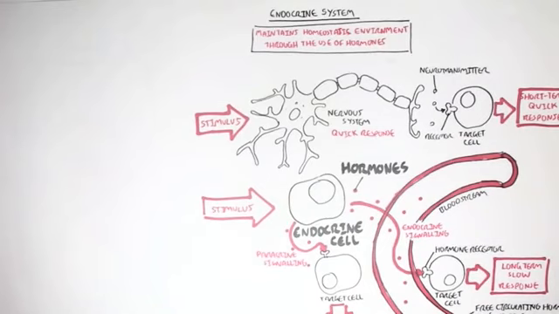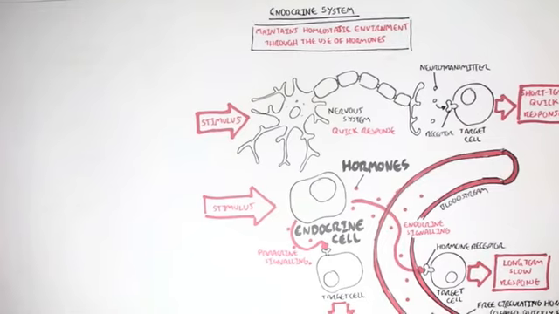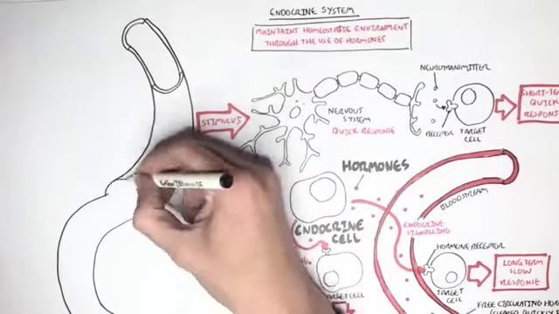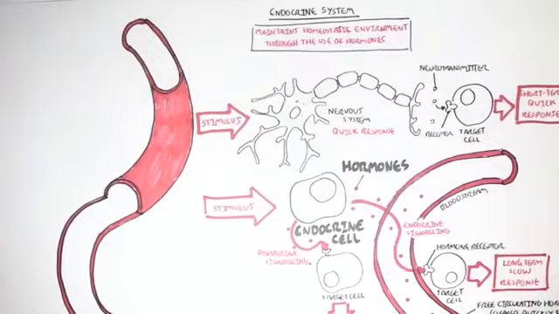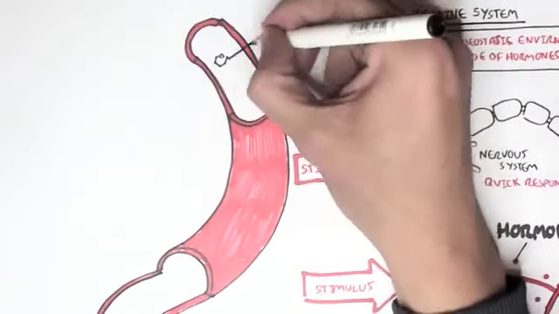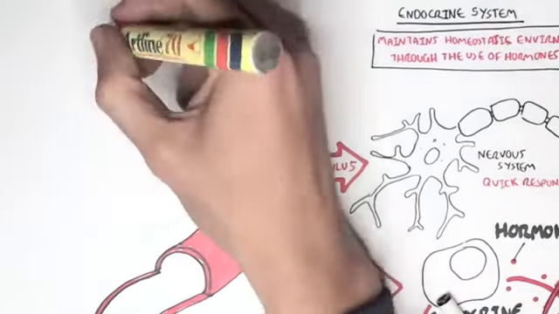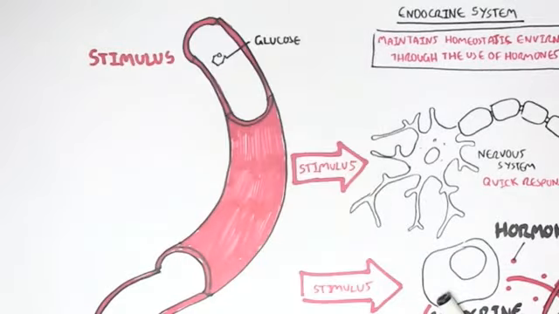Okay, now that we know a bit more about hormones, these signaling molecules, let's look at an example of an endocrine response. A good example is to look at blood glucose. So here in the bloodstream, we have low glucose levels. And this is not very good because we need glucose.